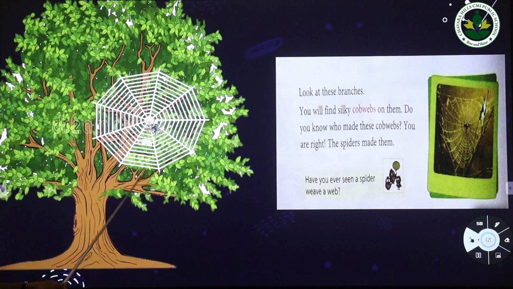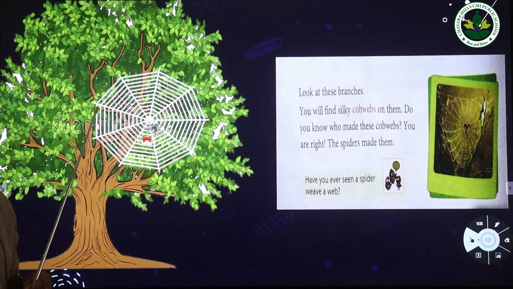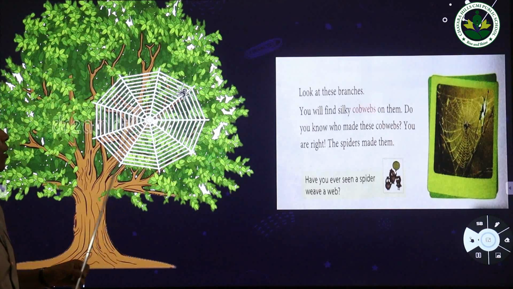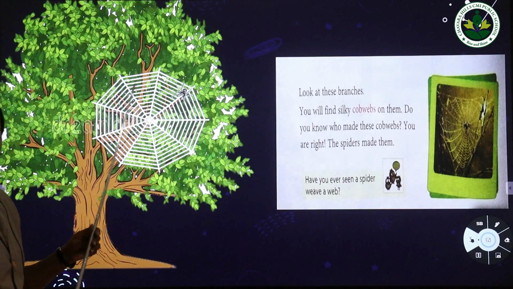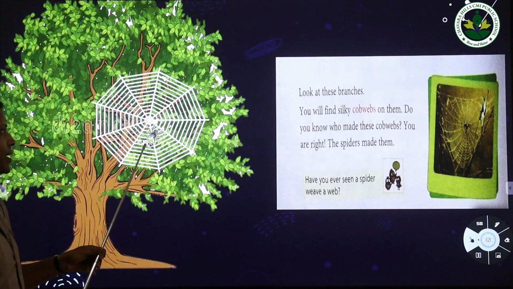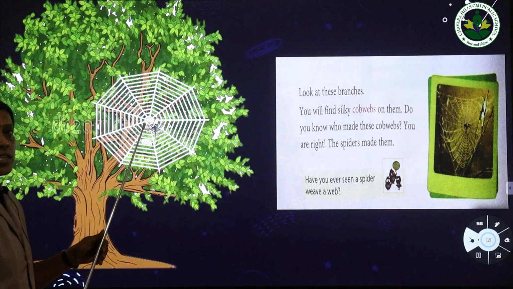Have you ever seen a spider weaving a web? The spider weaves the web. This is the house of the spider. Here we can see a small insect, and here is our spider.